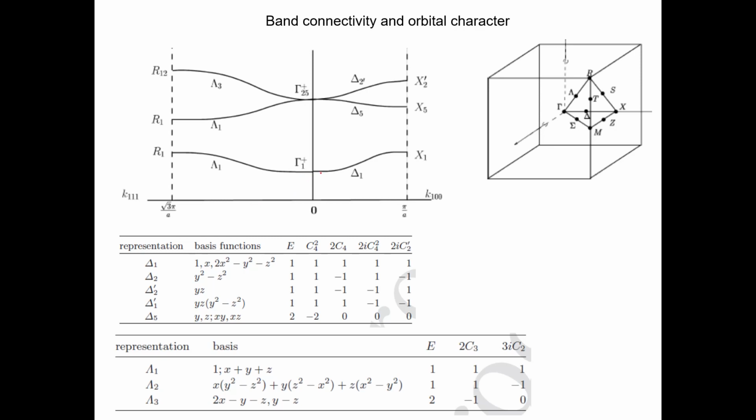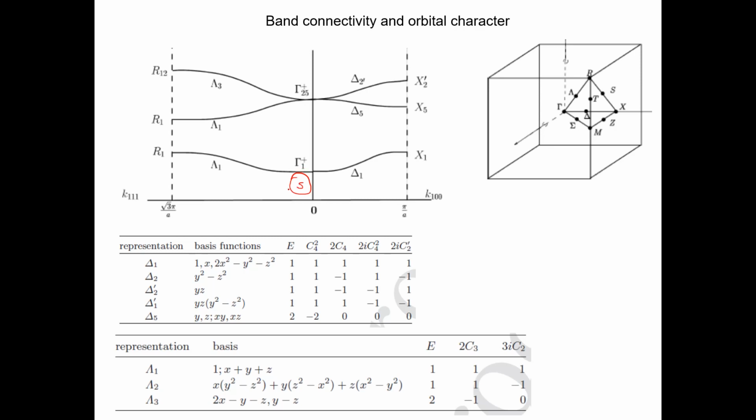If it's lower in energy, it's most likely an S state, or it could also be some totally symmetric combination of different orbitals. But let's suppose it's an S state. So this is the atomic character of this state. It's S in each atom.